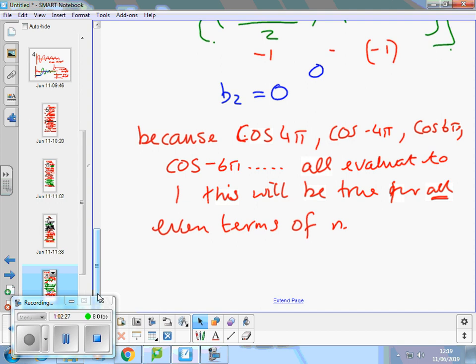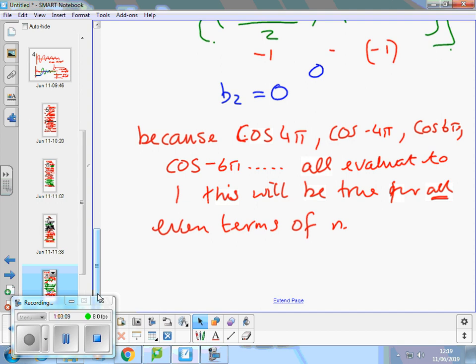That would be the DC component. Prove that there aren't any evens, as in this. Prove there aren't any cosine terms. Cosine of 4 pi is 1, as is cosine of minus 4 pi, 6 pi, minus 6 pi, and any even number times pi; they all evaluate to 1.